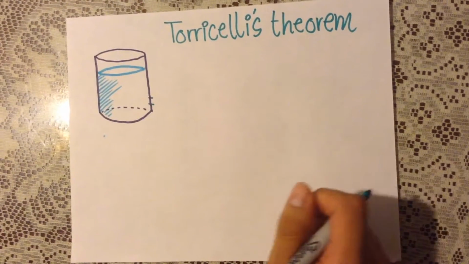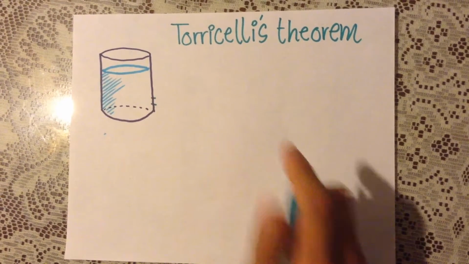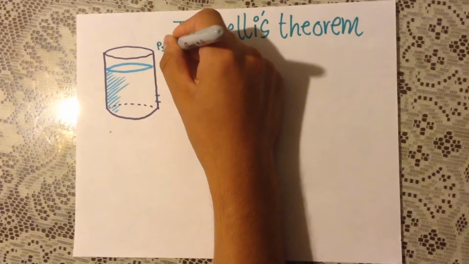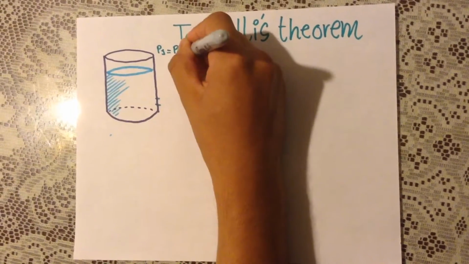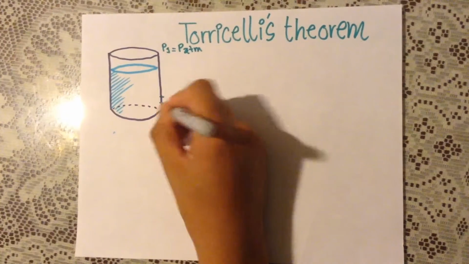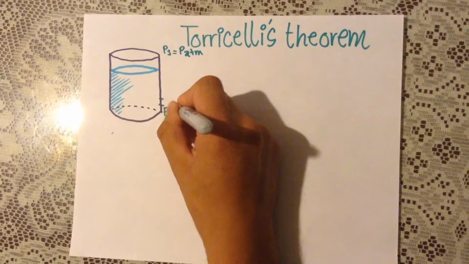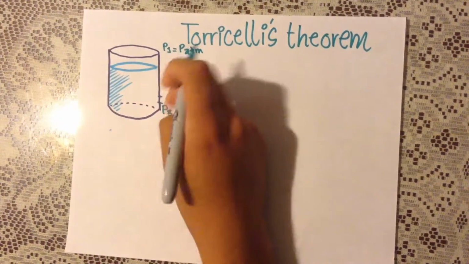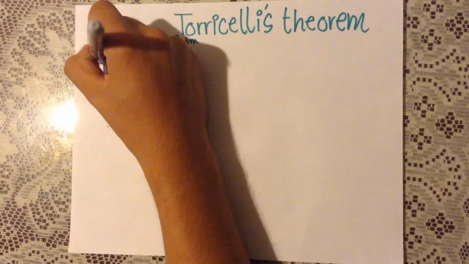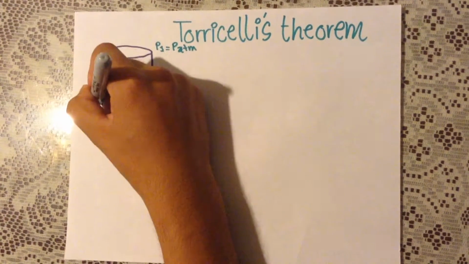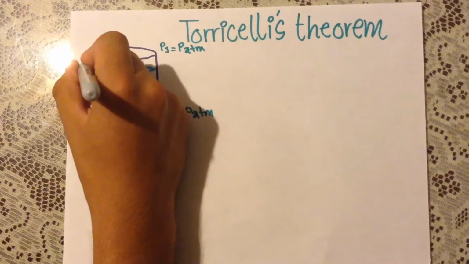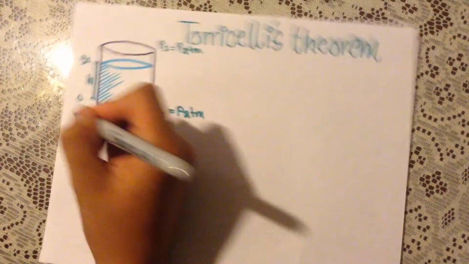To start, at the top we are going to say that it's position 1, and that equals atmospheric pressure. And let's say that this is position 2, which is also atmospheric pressure, P2, because outside is the same pressure, and we have a certain height that is called h, and here is g1 and here is 0.